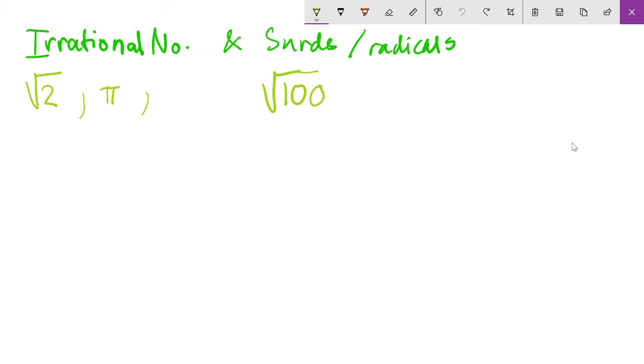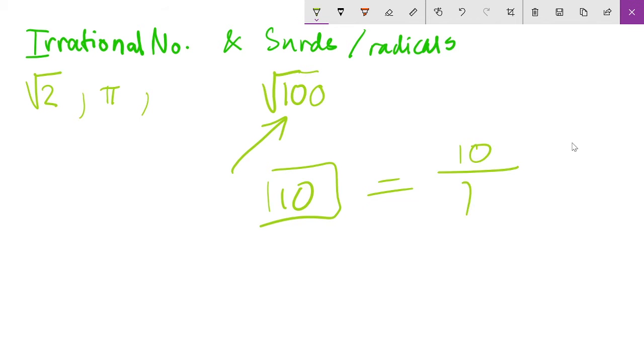We can't simplify the square root of 2, and we can't show it as a fraction. So it's an irrational number. But this is not an irrational number, because we can simplify this into 10, and 10 is a normal number, and it can also be simplified like that. So yeah, this is not an irrational number.